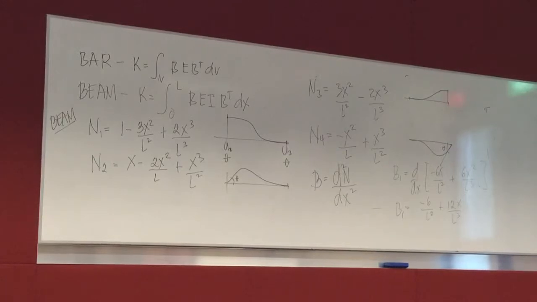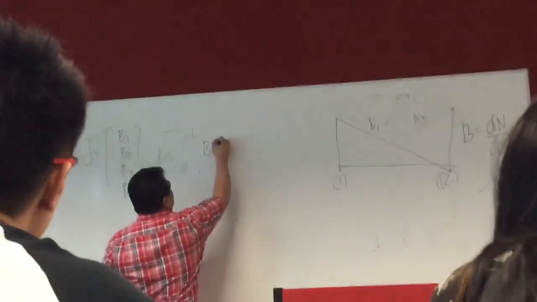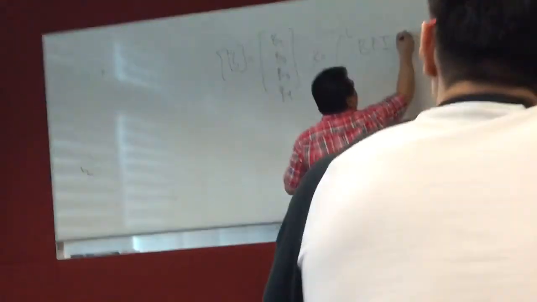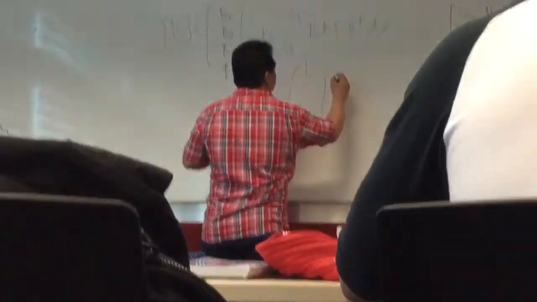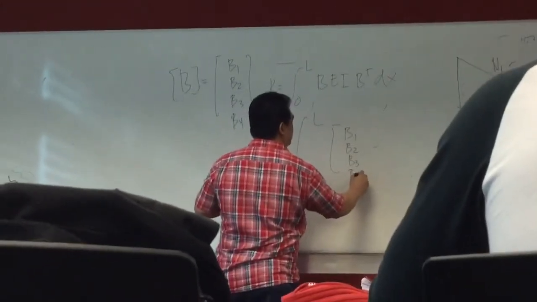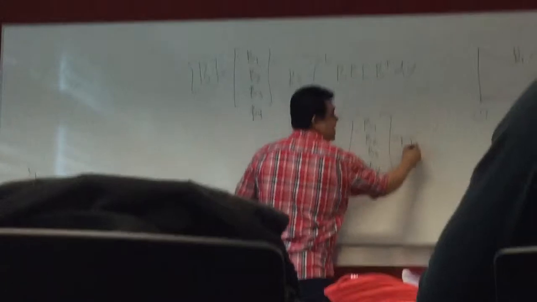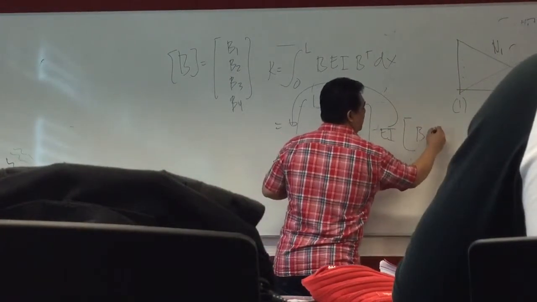Once you have that, your K is the integral from 0 to L of B EI B transpose dx. So this will be 0 to L, B1, B2, B3, B4, EI, which you can bring out later, and then you have your transpose.